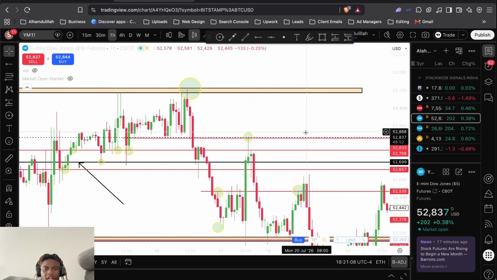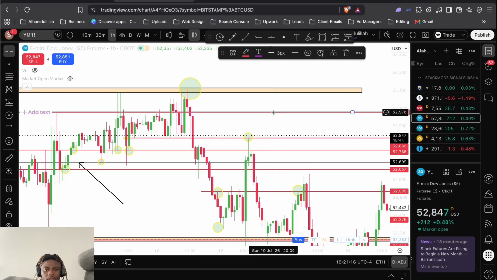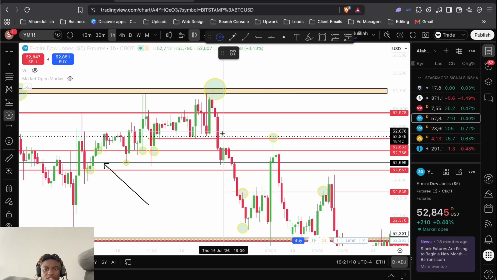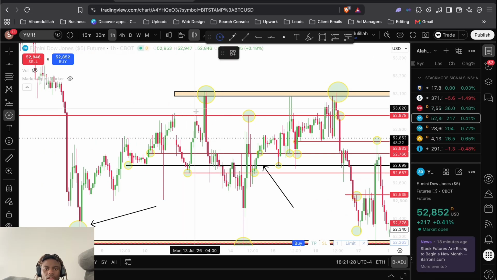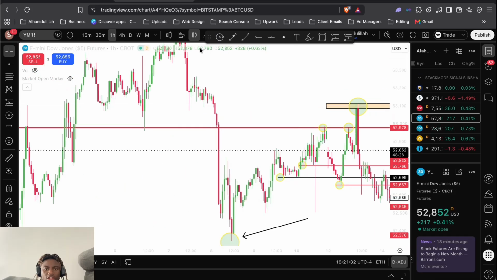So we got price heading in the upwards direction here. Let's say price stopped here. Because why is there resistance here? Into an abrupt resistance over here. And then there's more resistance over here. And then over here. And then there's support over here.